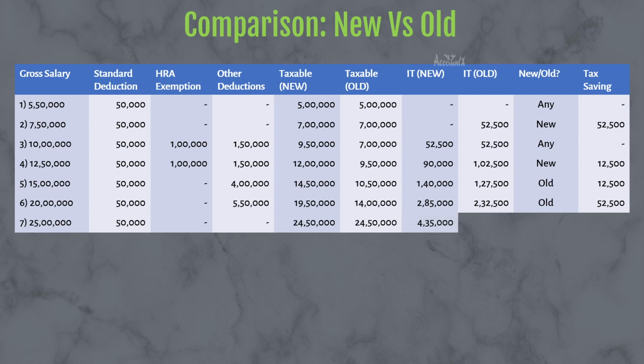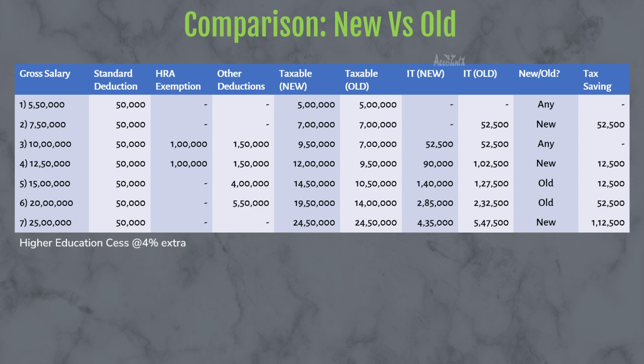Tax liability in new tax regime is 4.35 lakh and that in old tax regime 5,47,500. Here if you choose new tax regime, then your tax saving would be 1,12,500. Here the income tax that is computed does not include higher education cess, which would be extra at 4% in both new as well as the old tax regimes.